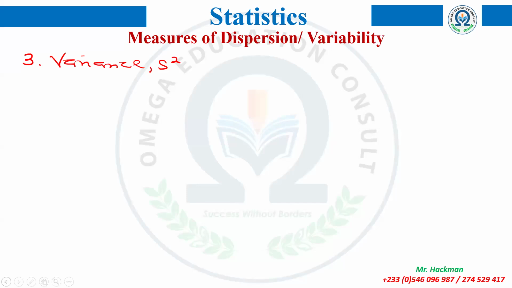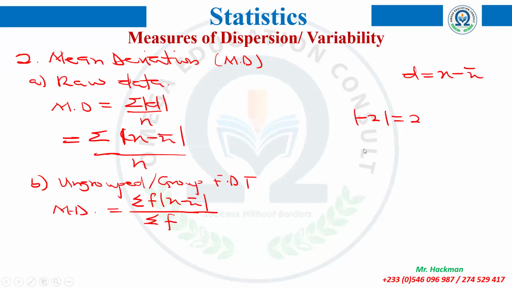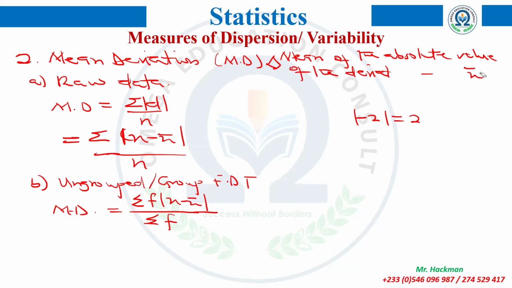So let me go back and maybe write it there for some of you. So here, this will be the mean of the absolute value of the deviations, and the deviation will be from the true mean, of each observation from the true mean.